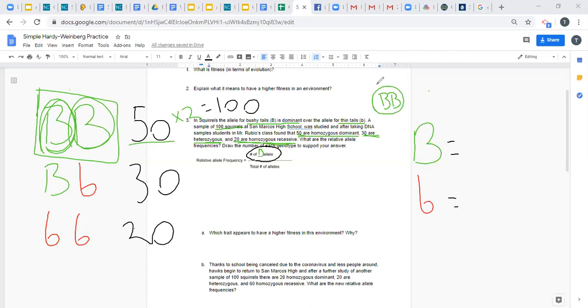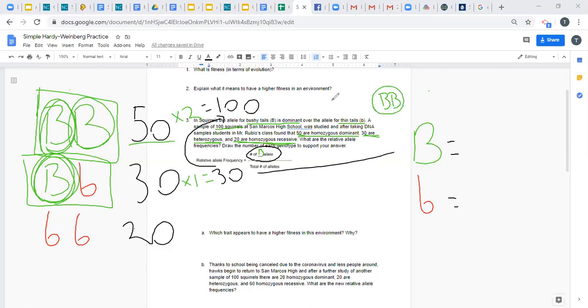But I'm not done quite yet because I have one more big B here. Remember, there are 30 total of both of these letters. So I know there's 30 big B's here because I just multiply by one big B. So this gives me 30. Now my total of these two is 130.